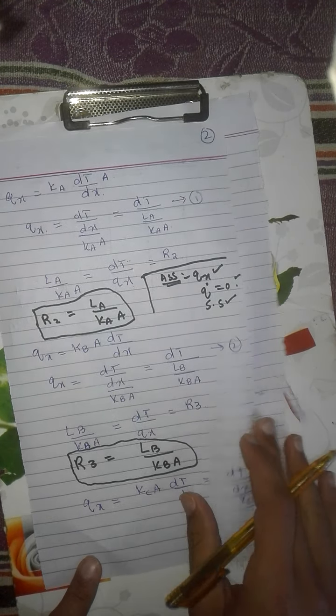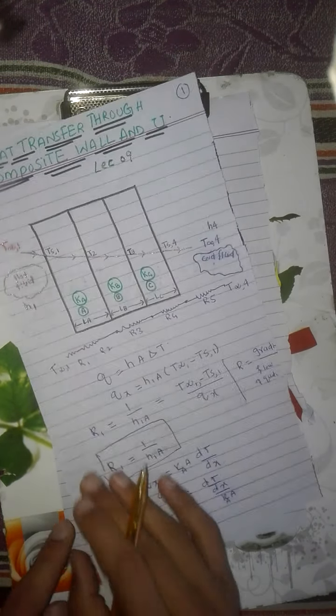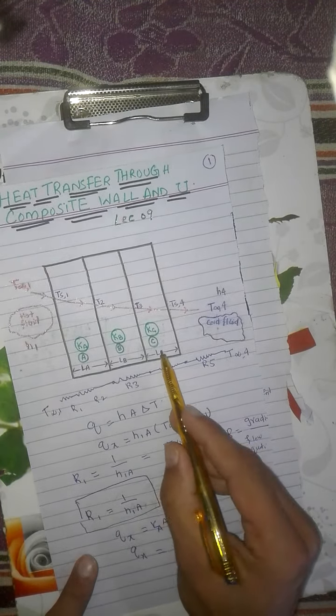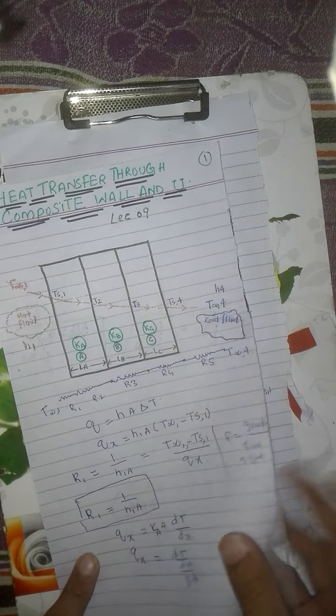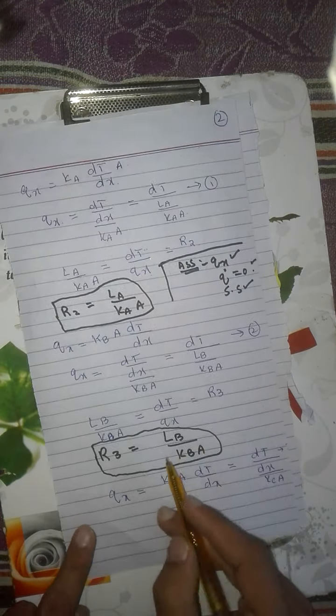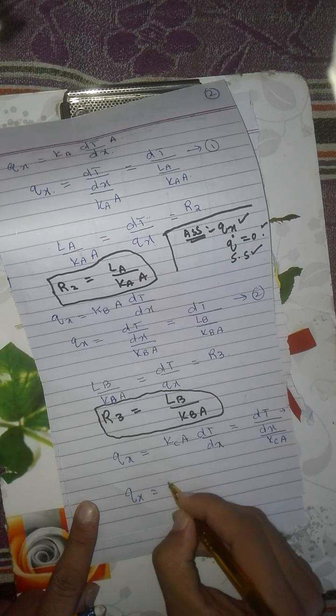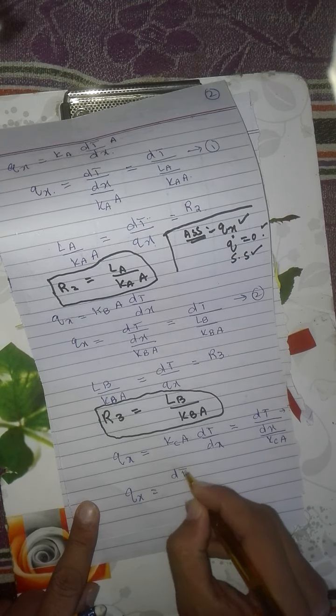Here dx is Lc, the length of wall C, the thickness of wall C. Rearranging this equation, we get Qx is equal to dt by Lc divided by Kc into area.